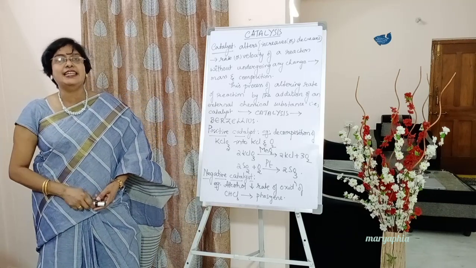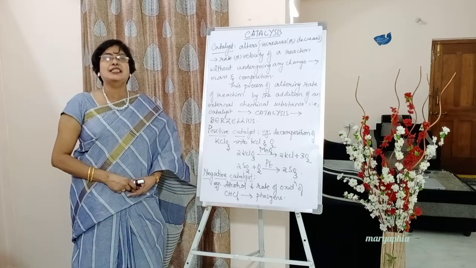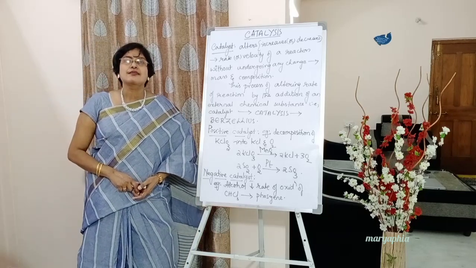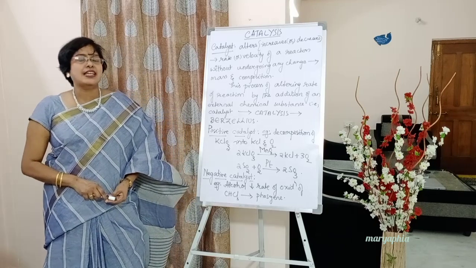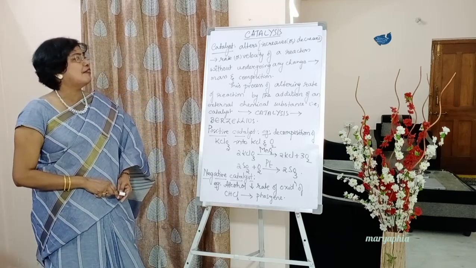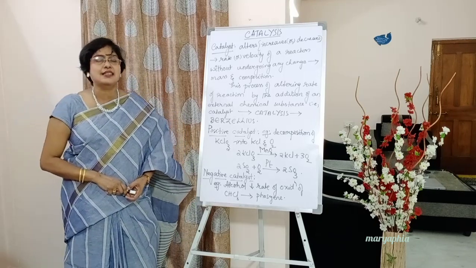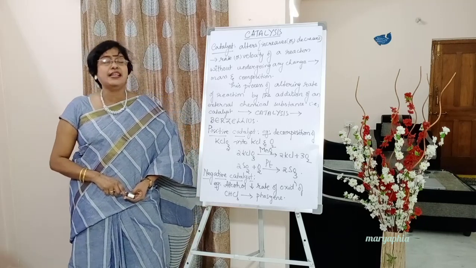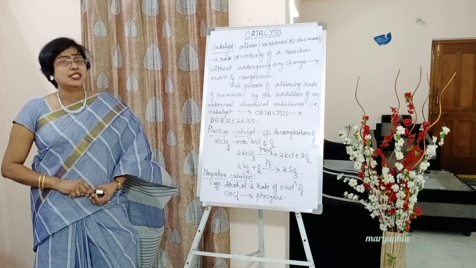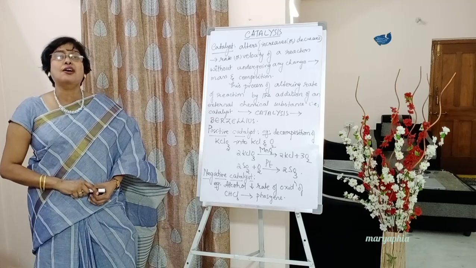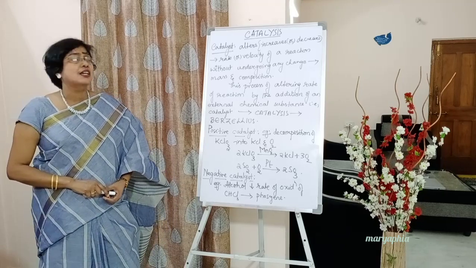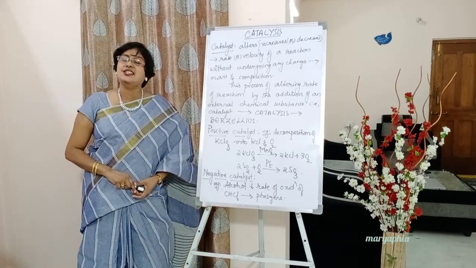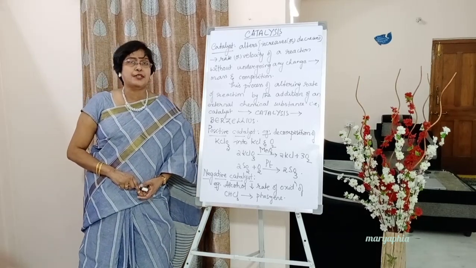So put the side heading catalyst and let us write the definition of catalyst. So catalyst is defined as the substance which alters, in the brackets, decreases or increases rate or speed or velocity of a chemical reaction without undergoing any change in its mass and composition.